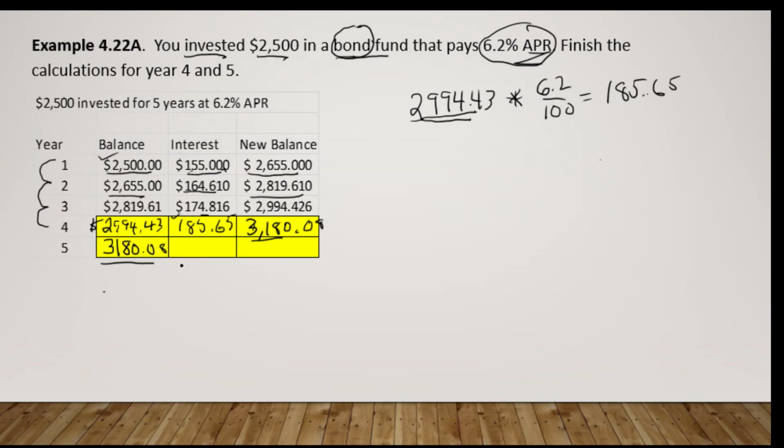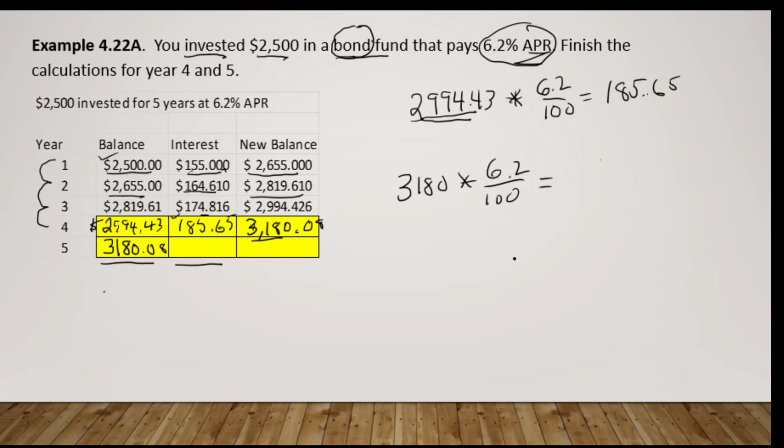Now I'm going to find the interest I'm going to receive on the amount of money I'm owed for the 5th year. And I can do that 2 ways. I'll do both. The quickest way, of course, is 3180 times 6.2 over 100. And I get 3180 times 6.2 divided by 100.